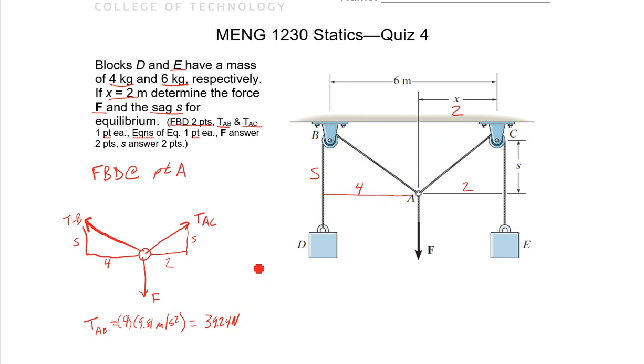So that's what's acting at A. And then tension AC is going to be 6 times 9.81 meters per second squared. So that gets us 58.86 newtons.